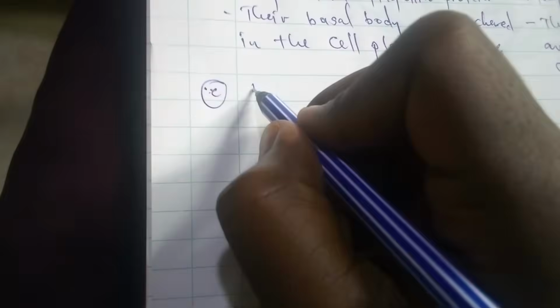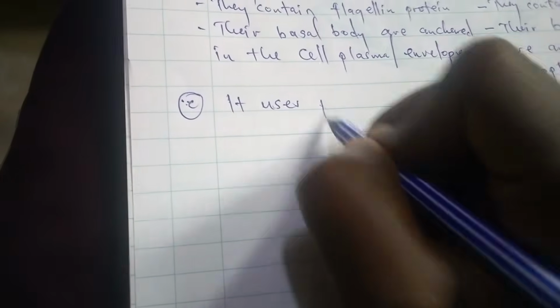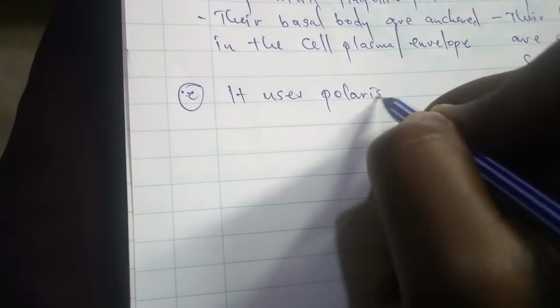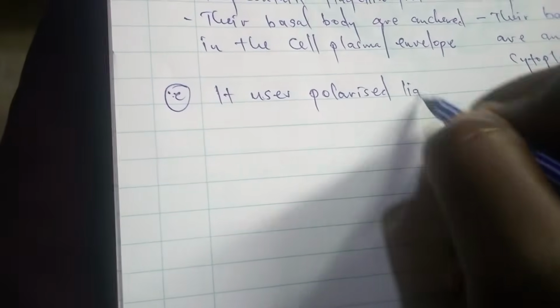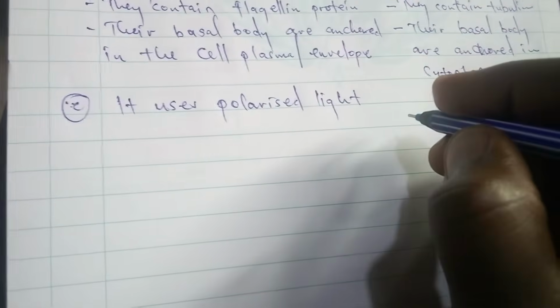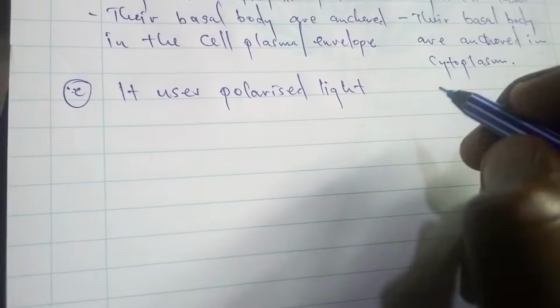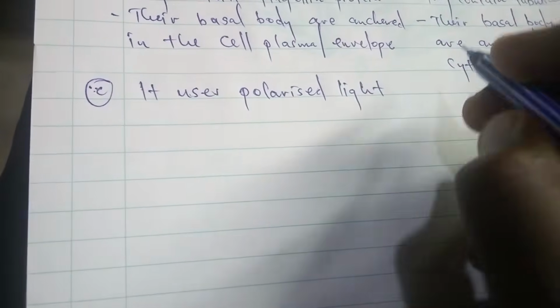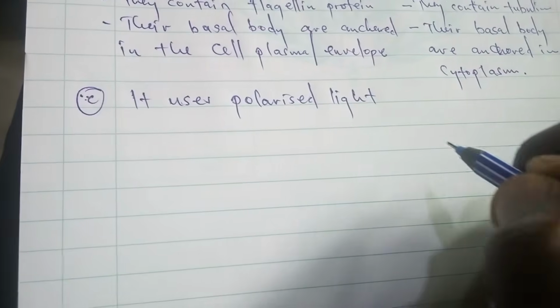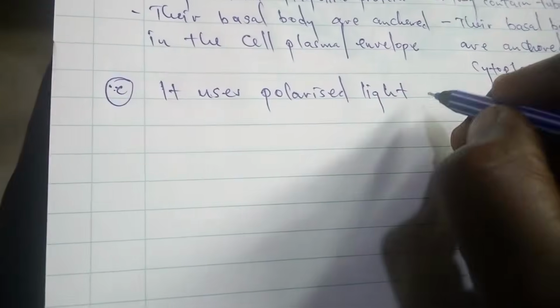One thing you should bear in mind is that it uses polarized light, that is a light wave in which vibration occurs in a single plane. So it uses polarized light.